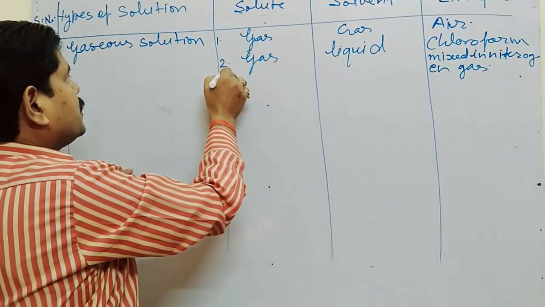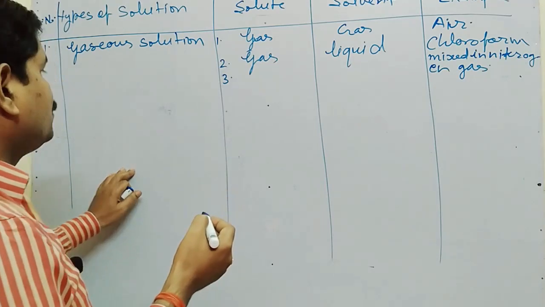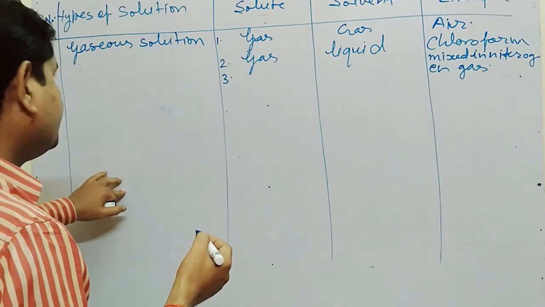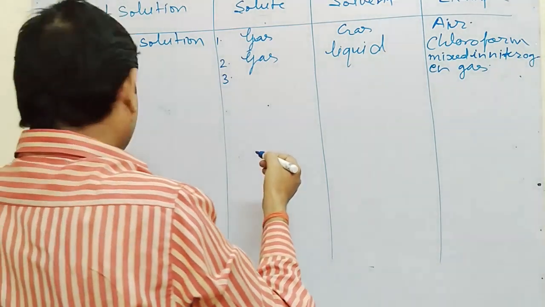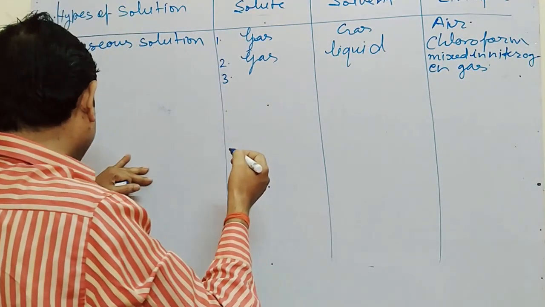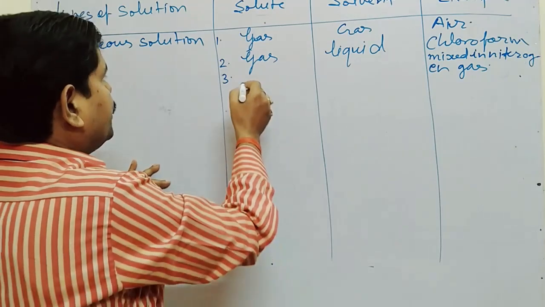The third type of gaseous solution is gas in solid.